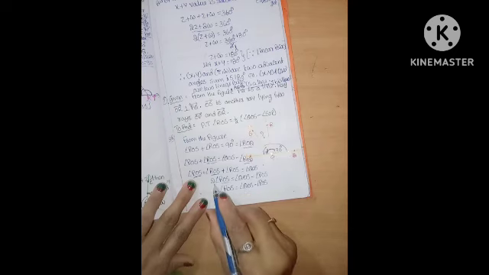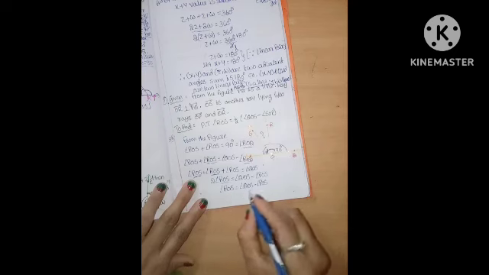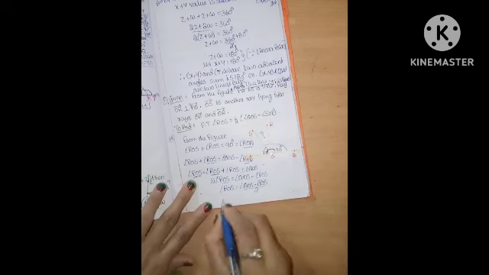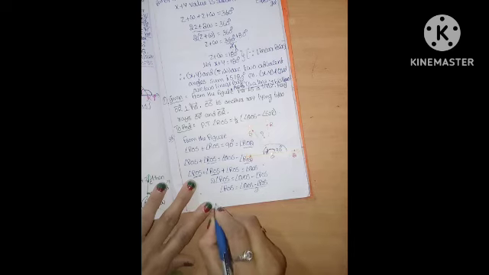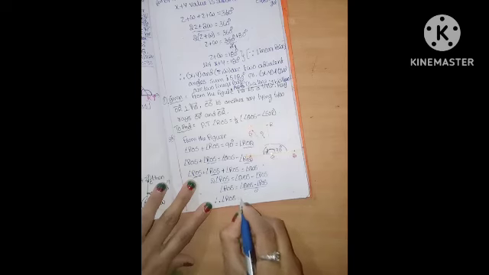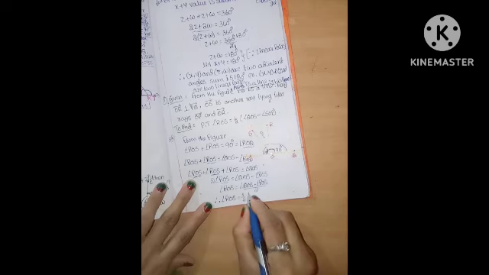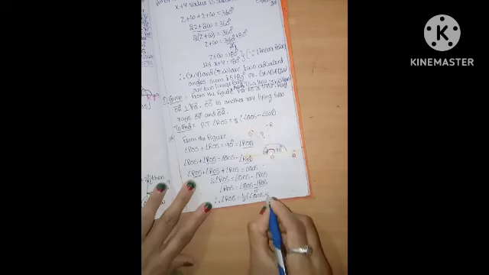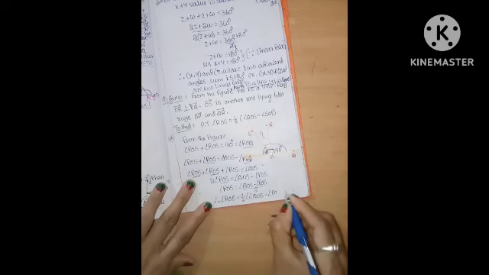Multiplication by 2 before equal becomes division by 2 after equal. Therefore, angle ROS is equal to half of angle QOS minus angle POS, or SOP.